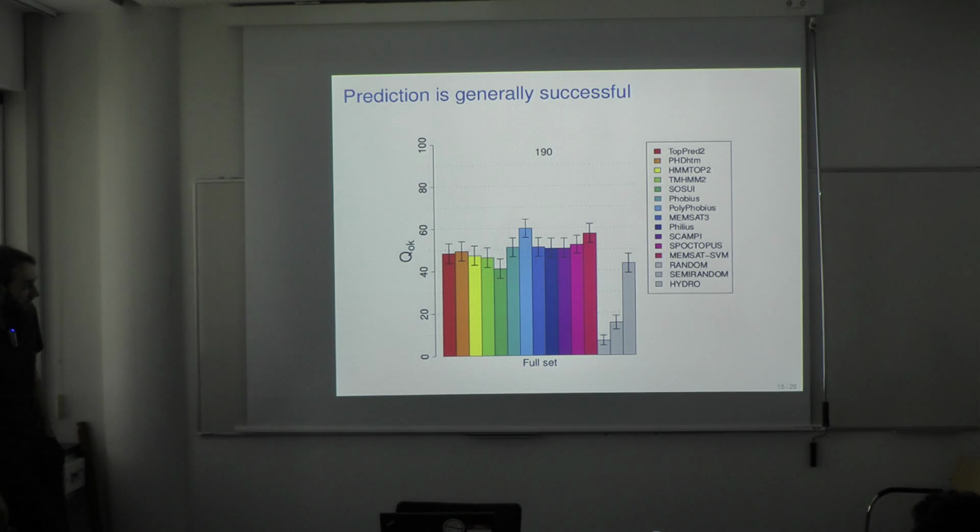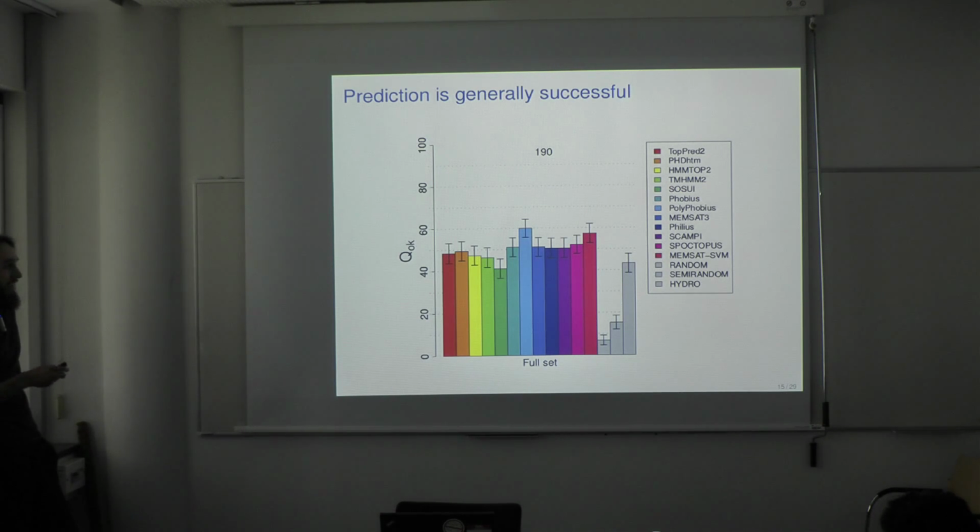Okay, so let's look at these results. Again, same methods. Due to time constraints, I'm not talking about the dataset collection in detail, but the full dataset has 190 proteins. And if we look at the results, we can see that the methods vary much more now than they did before. We can also see it's much worse than before.